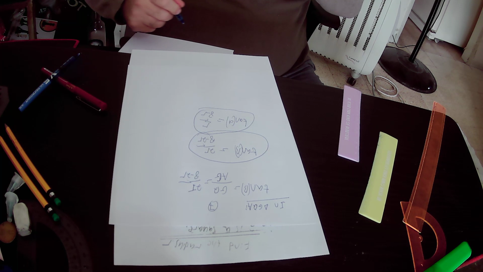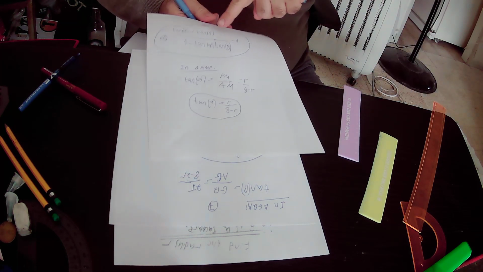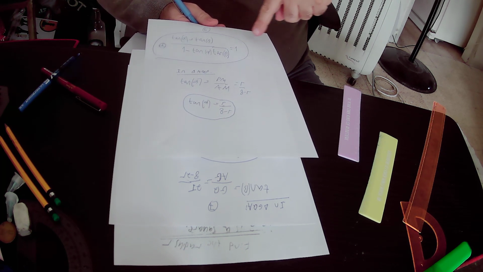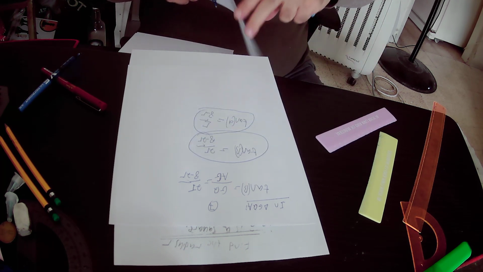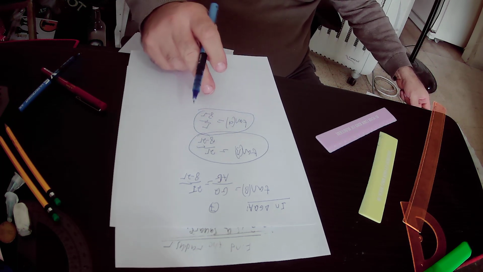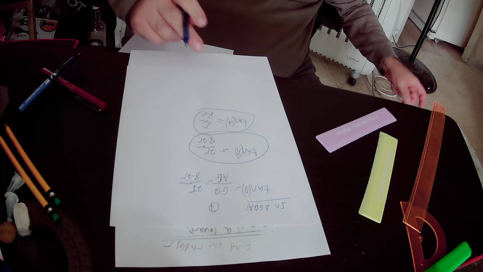In the next step we'll substitute tangent alpha and tangent beta in equation number 1 by the values that we found in these equalities.